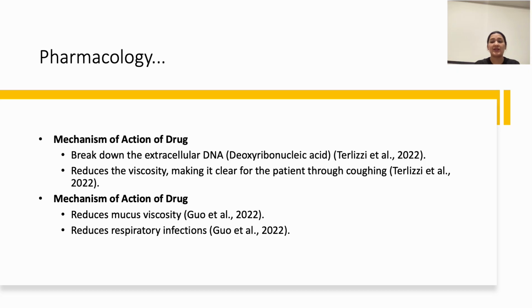This will also mitigate the frequency and severity of respiratory infections and improve Jacob's overall lung function. So, with the regular use of dornase alpha, Jacob experiences fewer hospitalizations and better control of his respiratory symptoms.